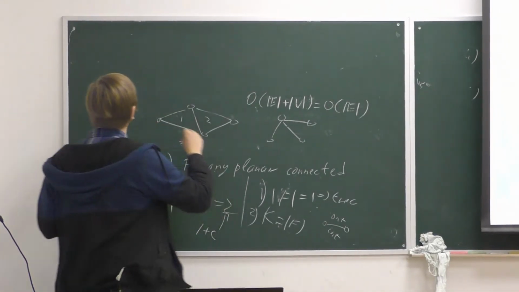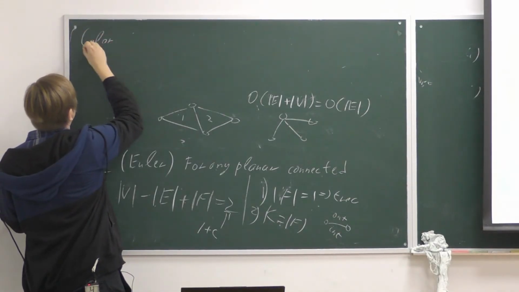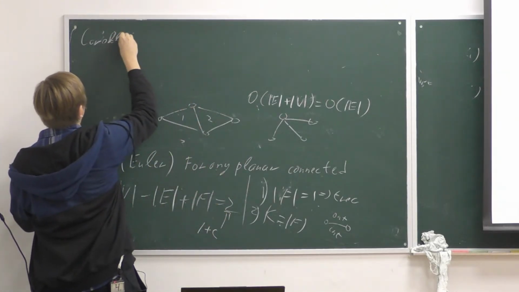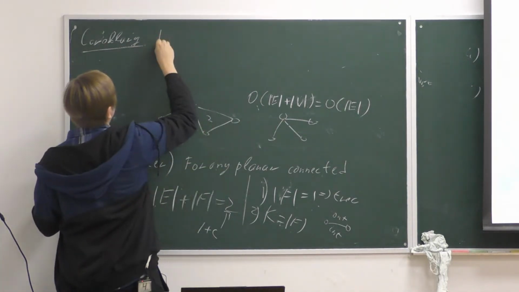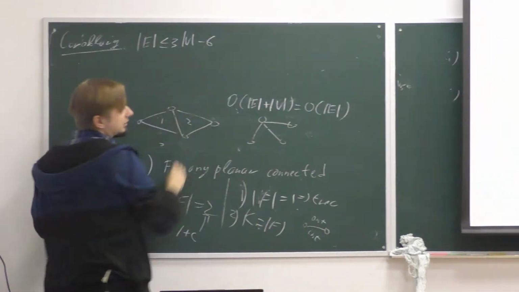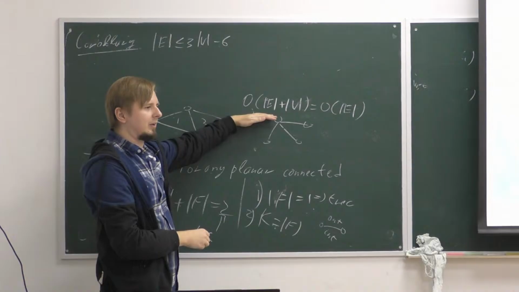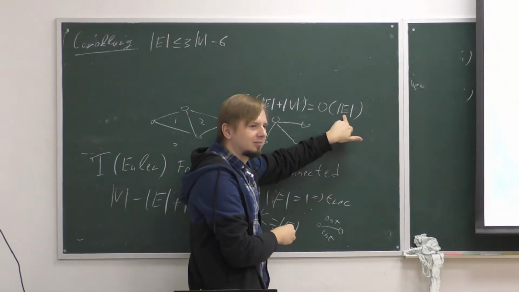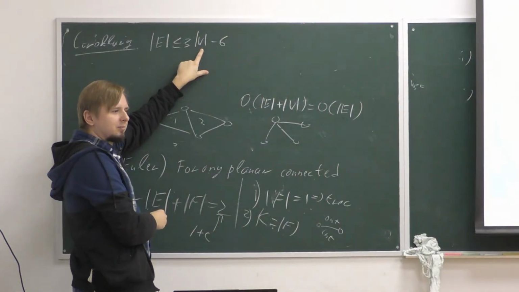Why? Because we can prove that the number of edges is less or equal to 3V minus 6. That means if we have an algorithm for a planar graph, we can replace it just by O of the number of vertices, because the number of edges is bounded by the number of vertices.